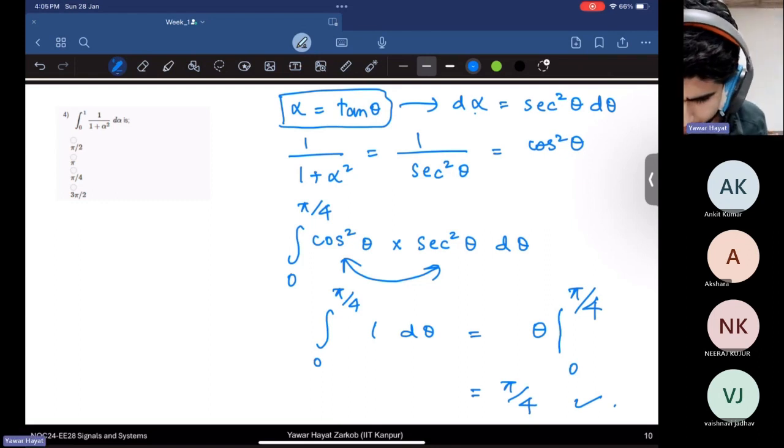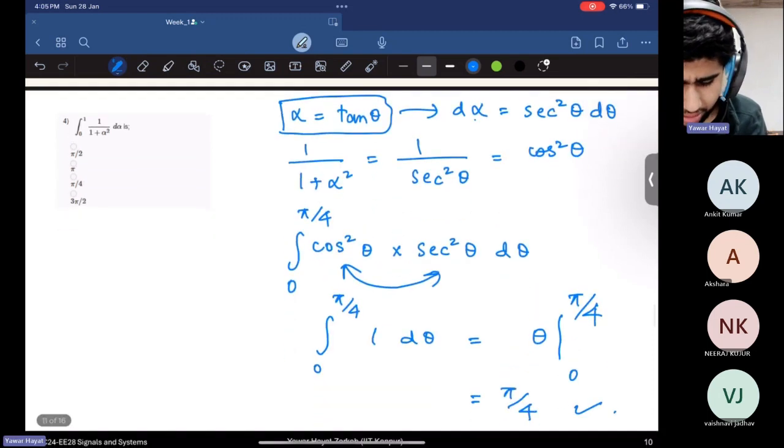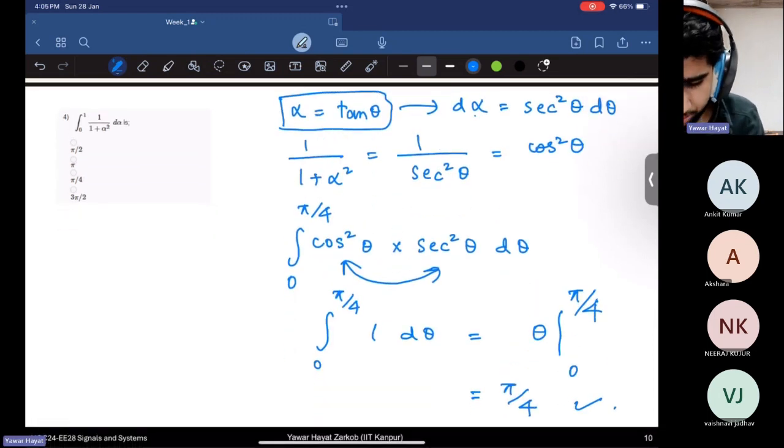We saw two ways how we can solve integrals. What I would suggest for these problems is that, see, this took some time, right? And it's not necessary that for other problems it would end up in such a simple form. So I would say you should memorize those formulas.